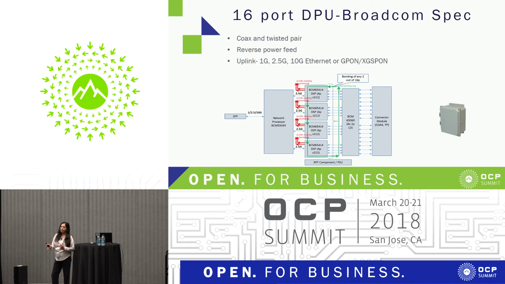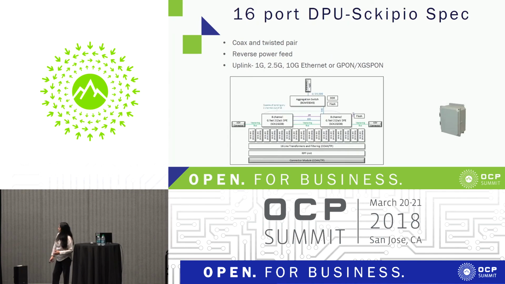So that's the challenge, and we've been working on it. With the second gen, it's been power efficient. A lot of testing is happening. The goal is that this design would be well suited for the reverse power design. And the uplinks, typically, it can do 1 gig, 2.5, or 10 gig. I think typically in a deployment scenario, you would find a use case for an XGS-PON type environment.